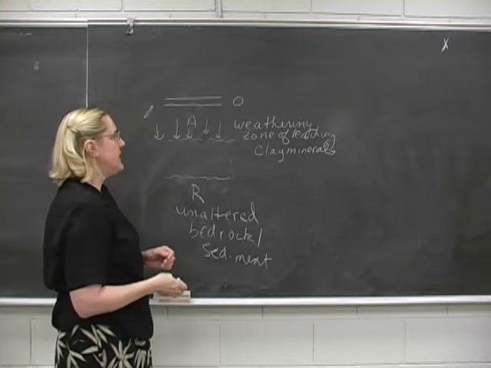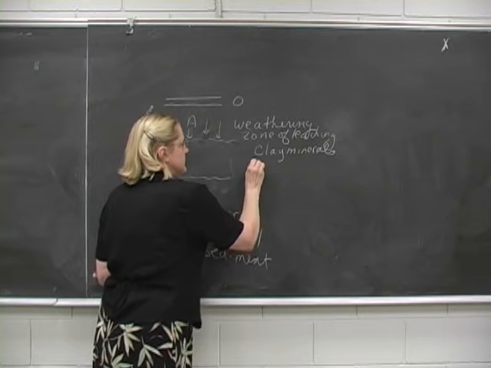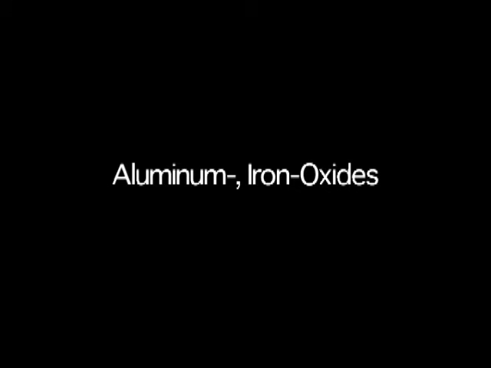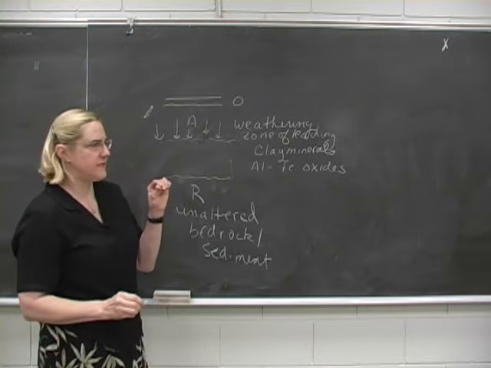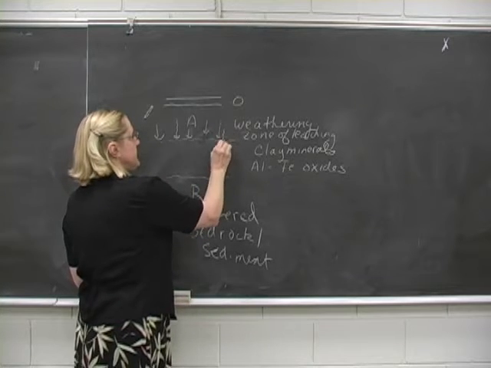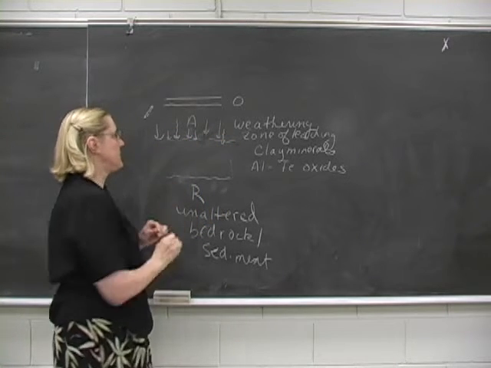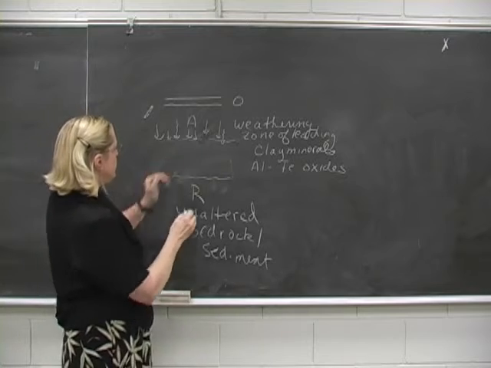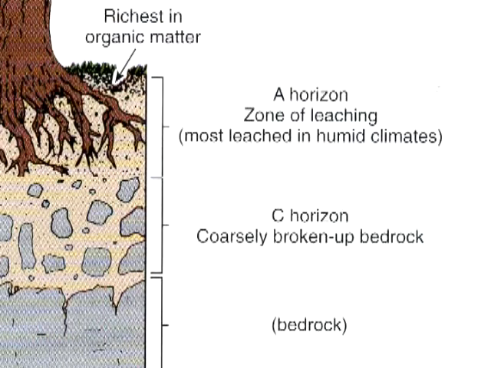Or they may be what we call just general aluminum or iron oxides. And these materials, we'll find out in a minute, are very, very fine-grained, very much like flour. And they're also physically carried downward along with the water. And what's underneath this zone is a zone we'll just call weathered bedrock.